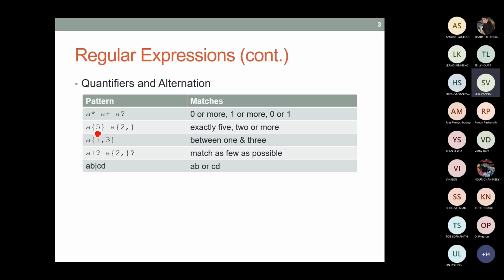We can also write 2 and then a comma with nothing after it, which means at least 2 A's, so 2 or more. We can also limit both ends, so here it is at least 1 and at most 3.